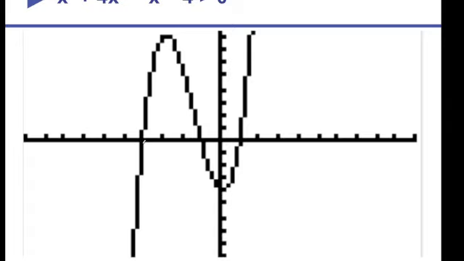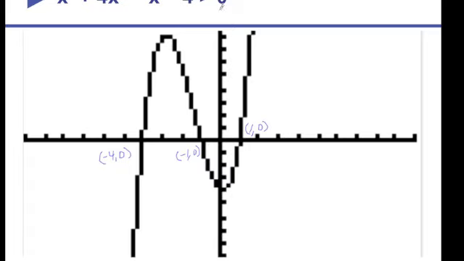Here I've actually graphed this. I graphed the inequality, put y1 equals, and here. And then if you look and check the zeros here, you'll find this point is negative 4, 0. This point is negative 1, 0. And this point is 1, 0.